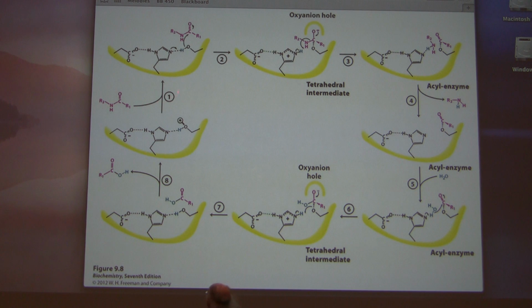Okay? The important things happening in this process. First, you have to have the proper substrate bind to the active site. If the wrong structure binds, nothing happens. If the proper structure binds, then there's a slight change in geometry that results in the pulling off of a proton by the histidine ring to create an alkoxide ion. The alkoxide ion is a reactive nucleophile, and it attacks the carbonyl of the peptide bond.